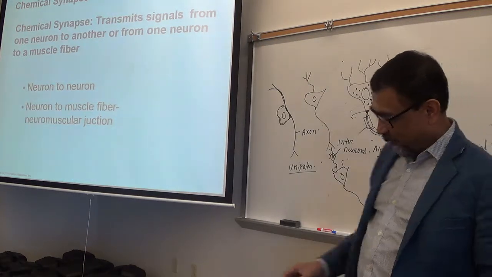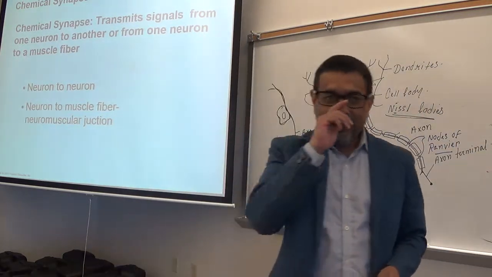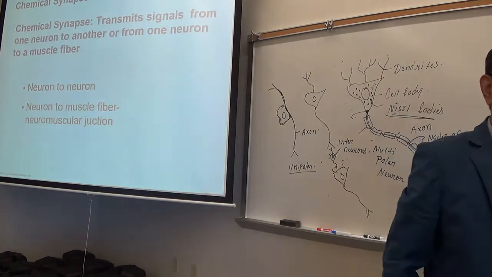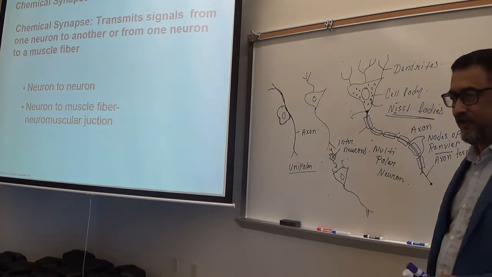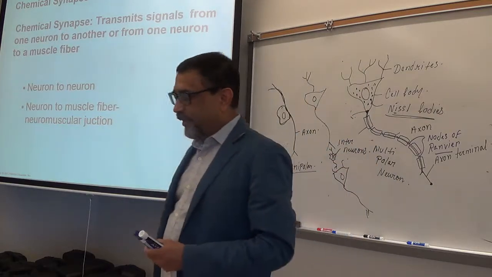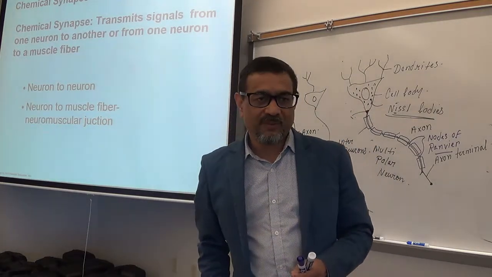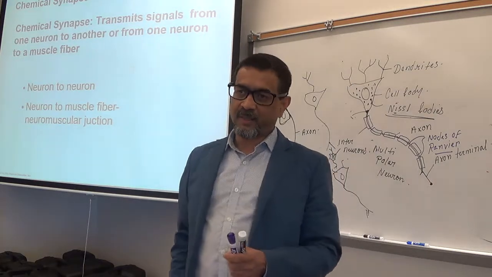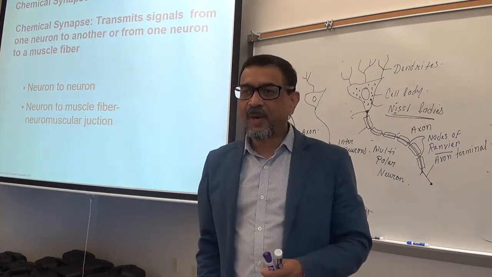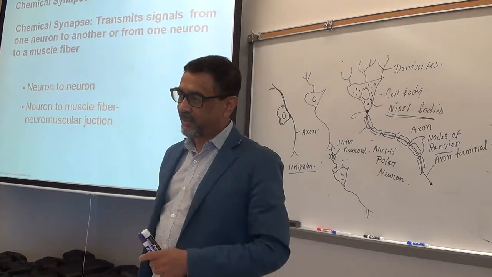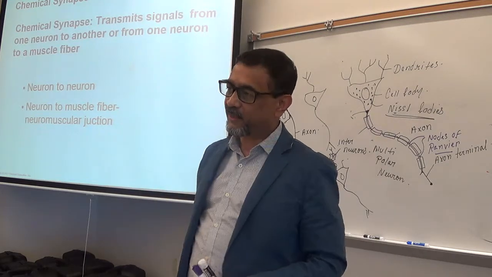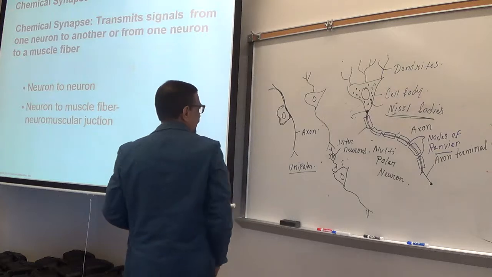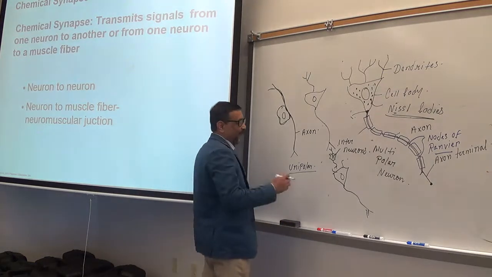Synapse. Synapse is the connection between the neurons. How one neuron talks to the next neuron, where one neuron talks to the next neuron, that area is called a synapse. So this is a synapse.